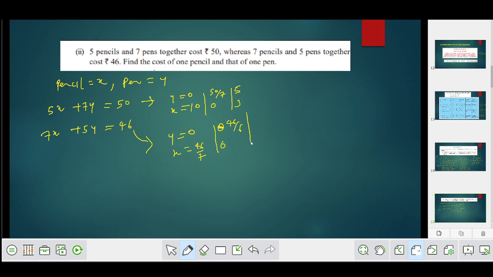Now here, if we take x equal to 3, then y will be: 7 times 3 is 21, 46 minus 21 is 25, then we get 5.